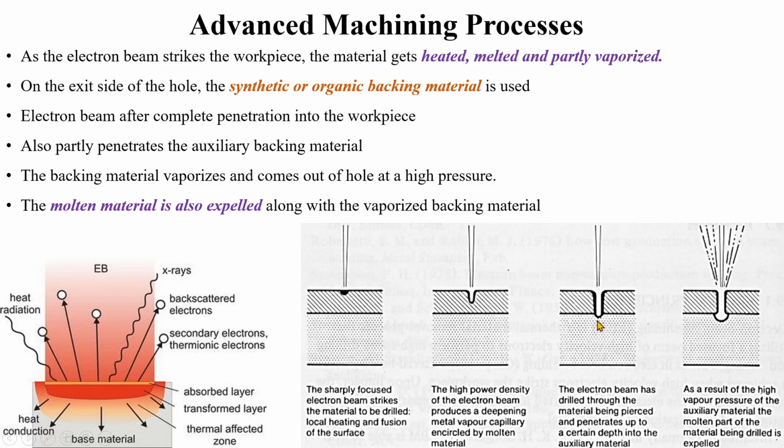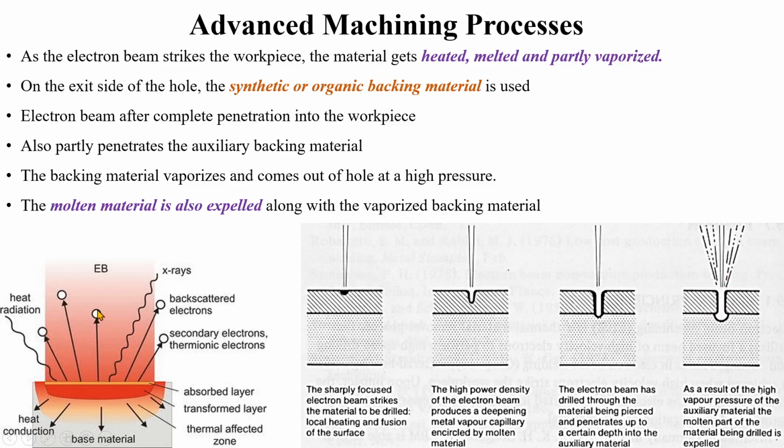This backing material is removed out of this hole at a very high pressure. Along with this vaporized backing material, some of the molten metal present in the cavity will also get removed out of this hole. This is the main phenomenon by which material is removed in the electron beam machining process.